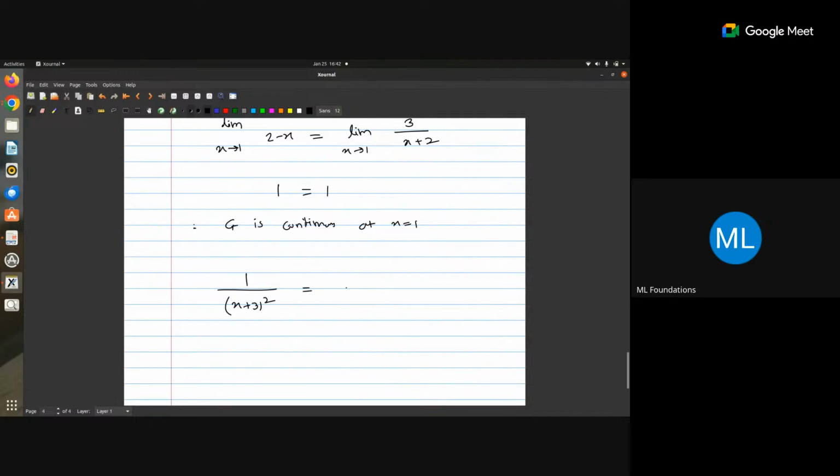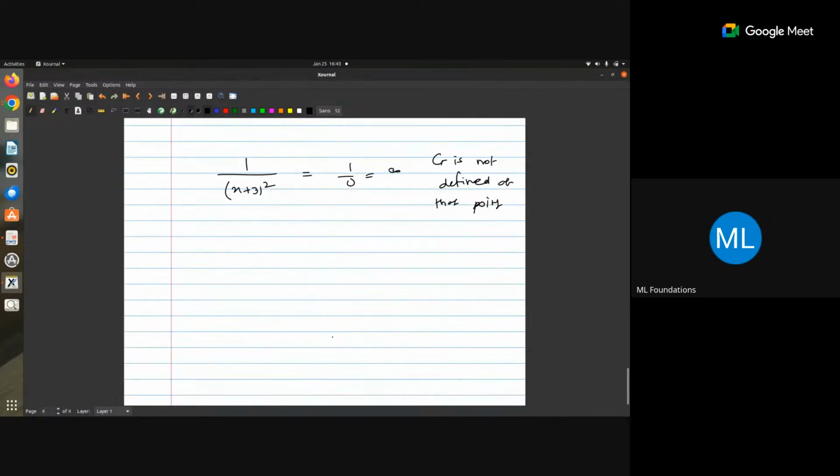When the denominator is 0, it will become infinity. That means this function g will not be defined at that point, when x equals -3.